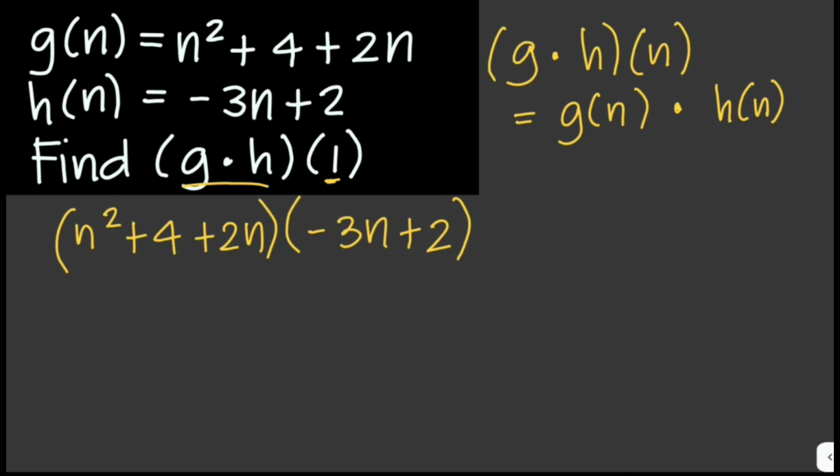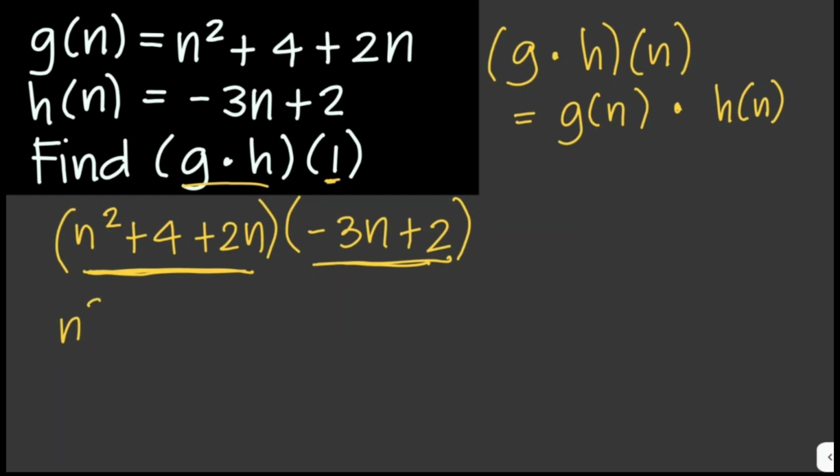So all we have to do here is distribute each of the terms to the terms of the other expression. So the terms of this expression here, we multiply them by the terms of this binomial expression here. So let's start with n squared.